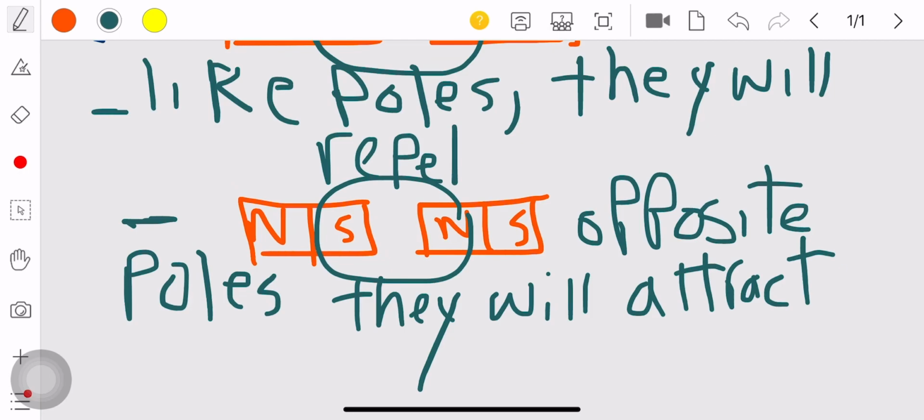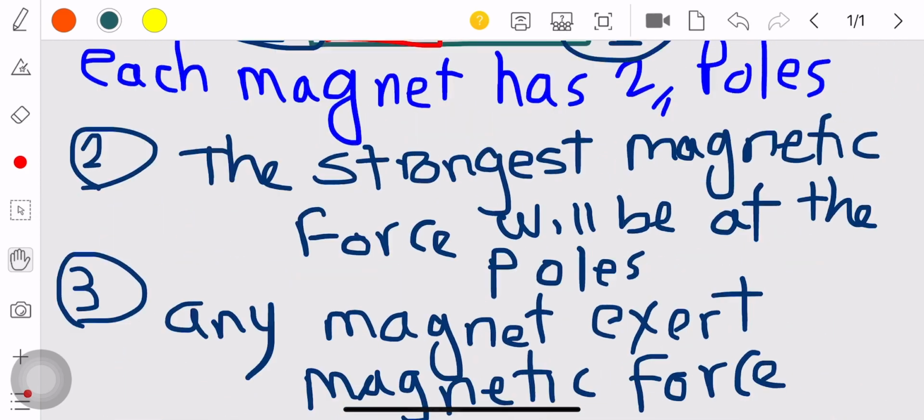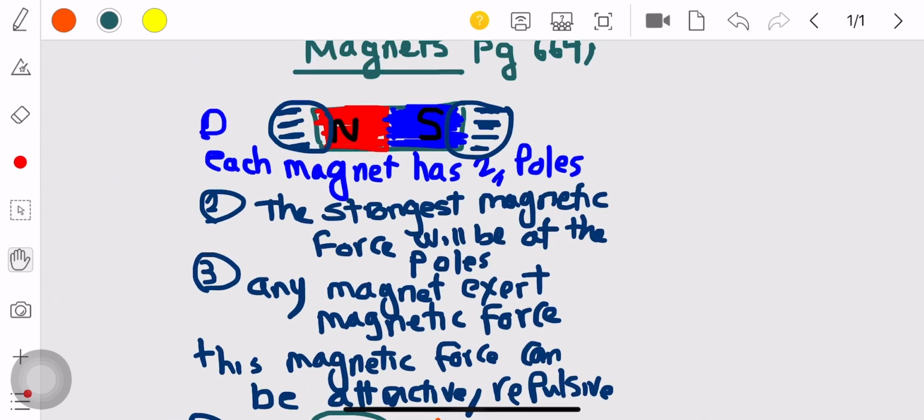So let us revise. What did we write? We wrote some properties of a magnet. Number one, each magnet has two poles, South Pole and North Pole. The strongest magnetic force will be at the poles, not in the middle, not beside one pole.